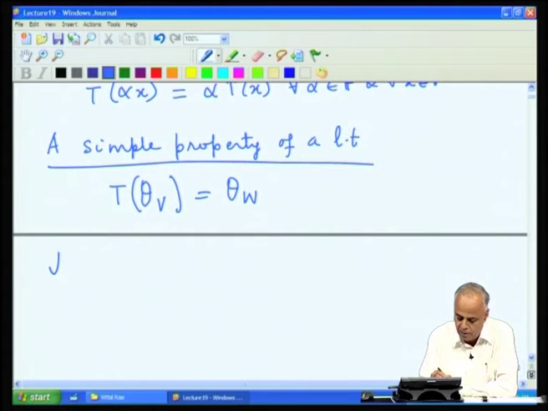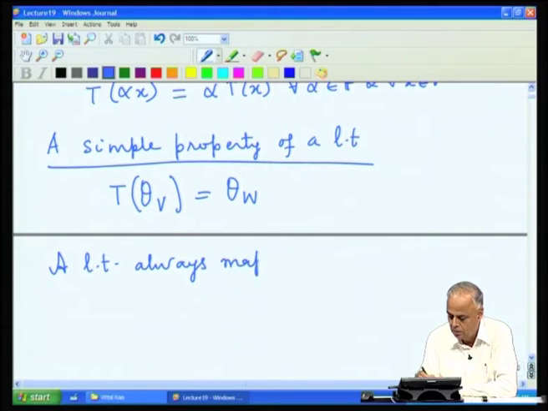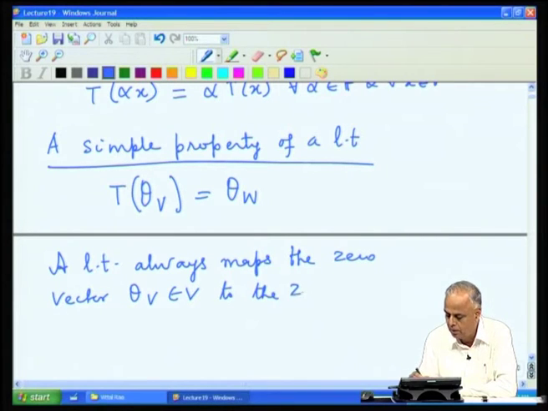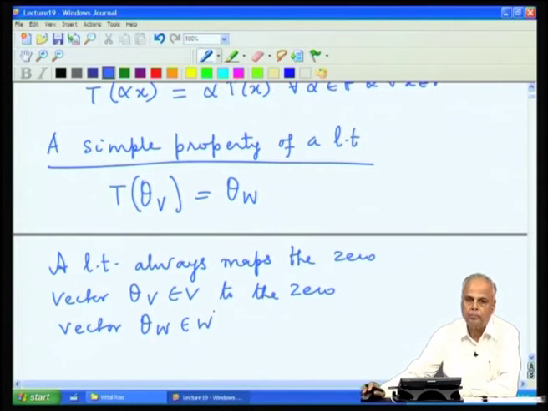So, a linear transformation always maps the 0 vector theta V in V to the 0 vector theta W in W.